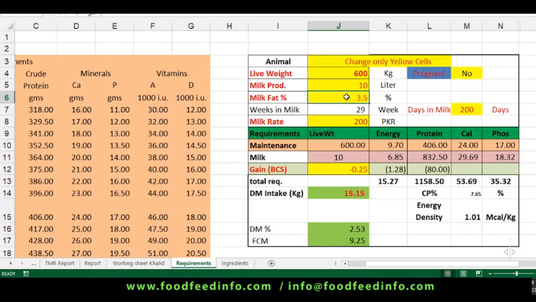So this is how we have managed this sheet so that people would be able to formulate a diet in a very perfect way. Though this is a manual sheet, and in Excel we can manually do the calculations.